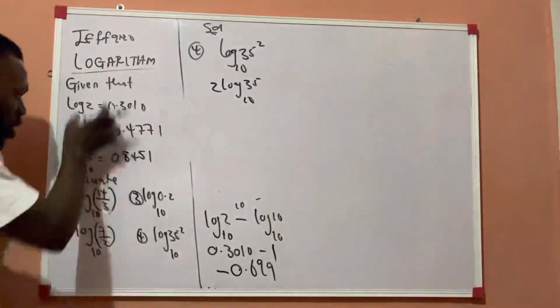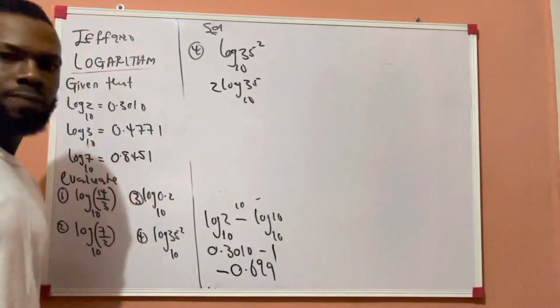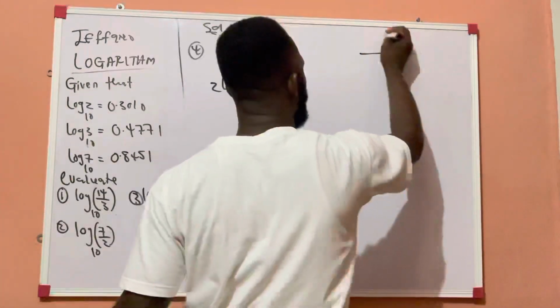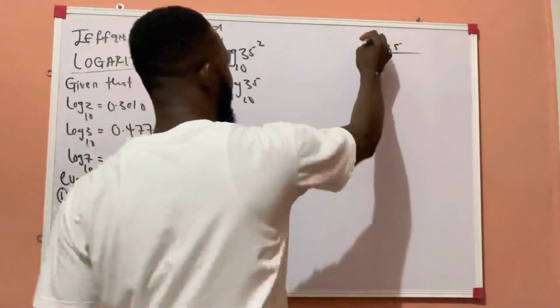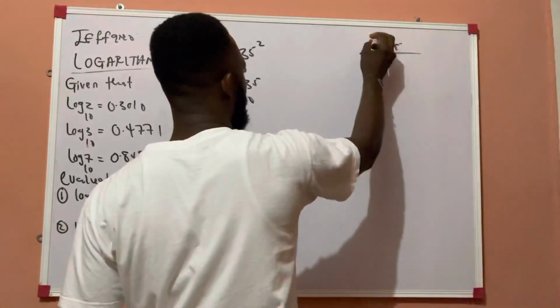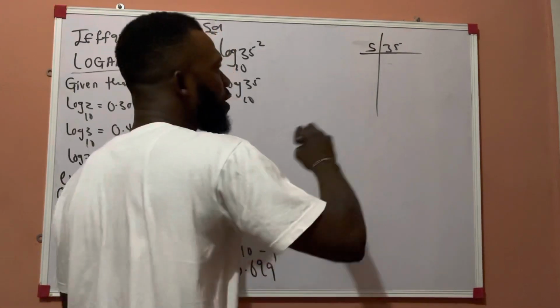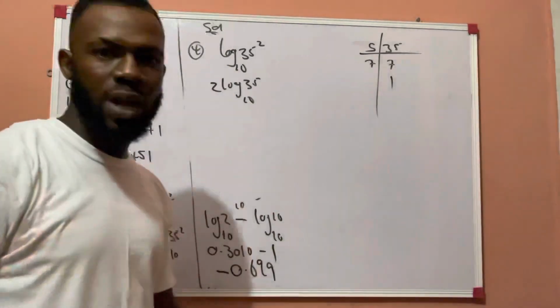Now, 35 was not given in the log, so what do we have to do? We have to break 35, by using the LCM. 35, what can go into 35? 3 cannot go, sorry. 5 can go. 5 into 35 is 7, and 7 into 7 is 1.